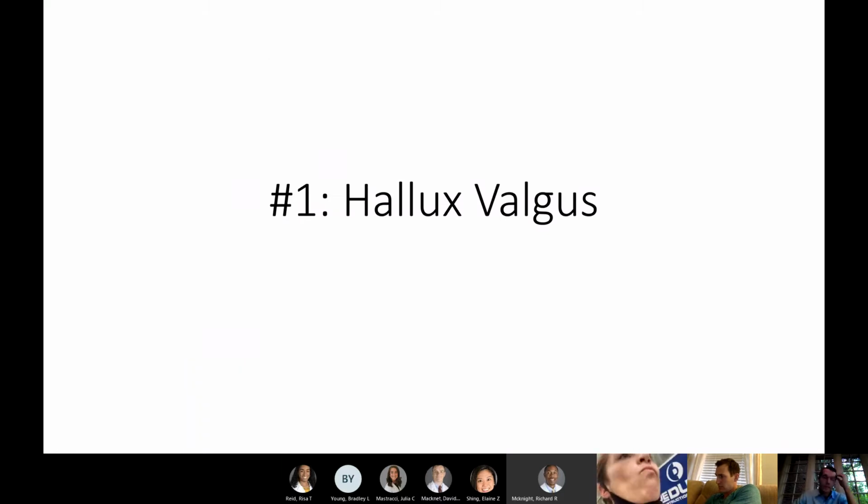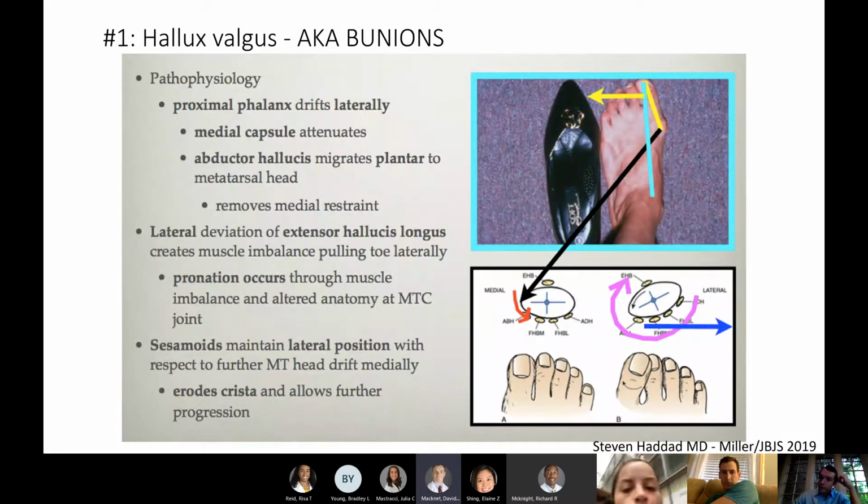So first with bunions, for the more junior people, there are 2 factors for why we develop bunions. Number one is genetic. Most, especially women that have bunions, have a positive family history, but shoe wear is thought to play a role too. It's not just a problem with the toe.